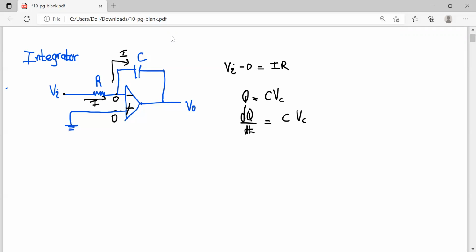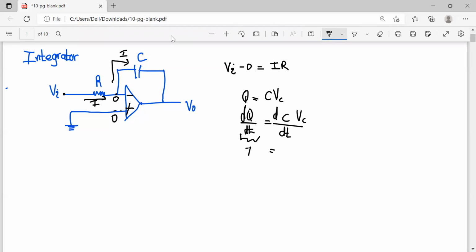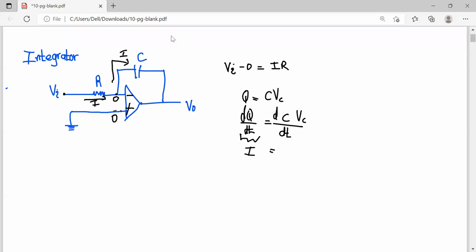So let's mark it like this. We can directly tell it's the current across the capacitor, and C is a constant you can take out, so it's going to be C dVc by dt. So this is the thing. We have marked all the stuff.